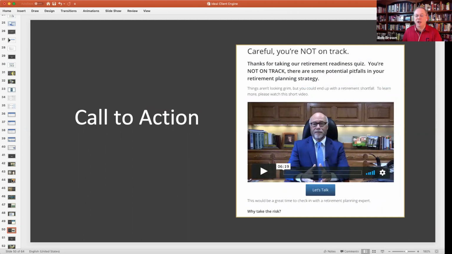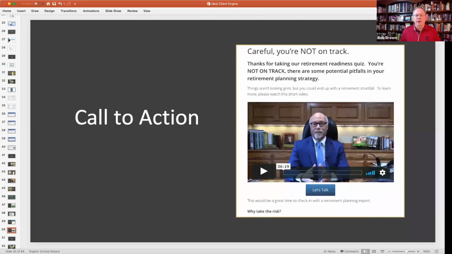Here's another example of a call to action on a Facebook ad. A prospect sees the Facebook ad, maybe like you saw the Facebook ad that brought you to this web training, and then there was a call to action to sign up for the training. In this case, the call to action is to schedule a phone appointment with the advisor.